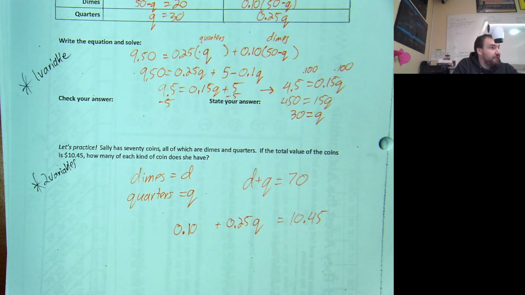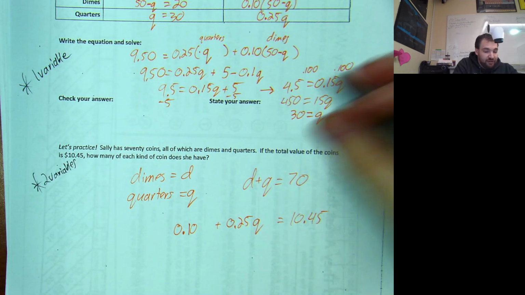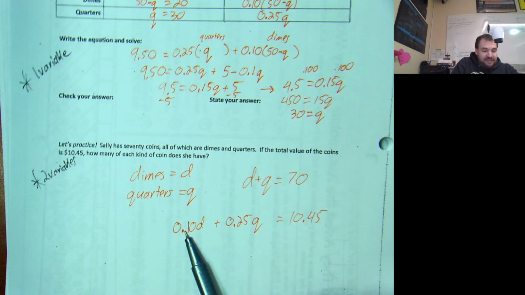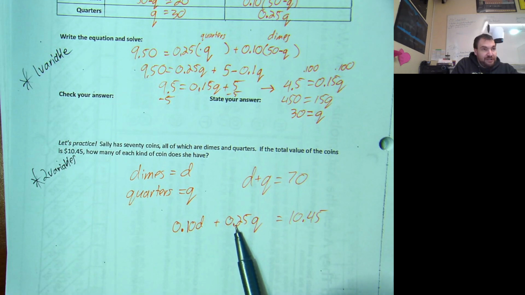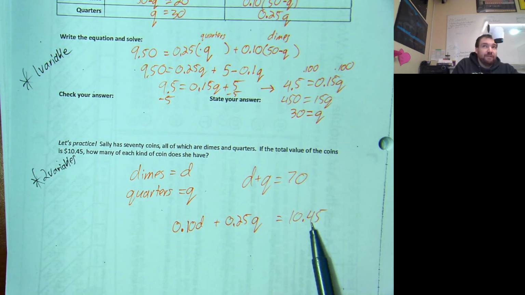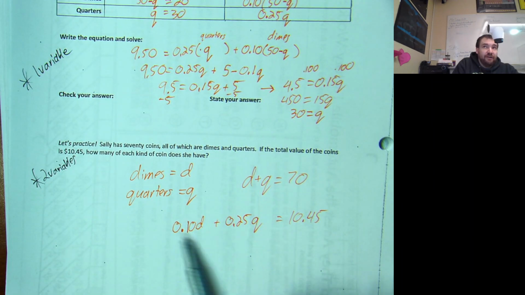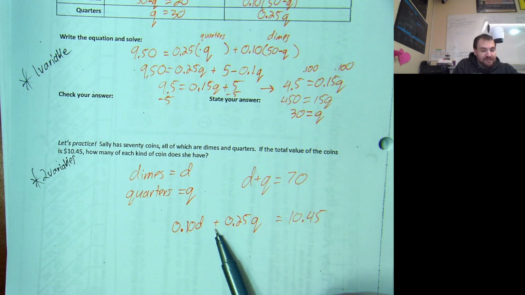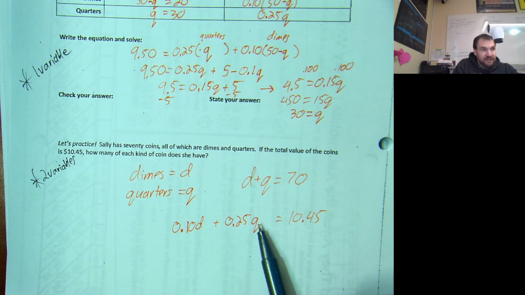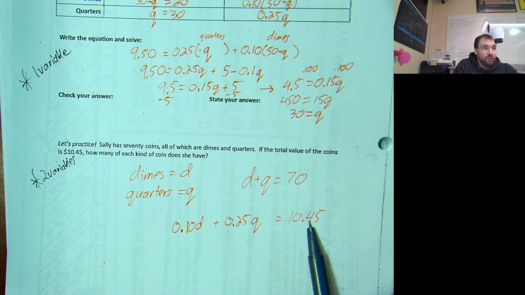Well, 0.10 if it makes it easier to view these things as dollars. So I'm going to get 0.10D plus 0.25Q equals 10.45. This here becomes my expression for the amount of money we actually have. The value for one of the coins times the number of coins plus the value of the other coin times the number of the other coin equals my total value of all of my coins.